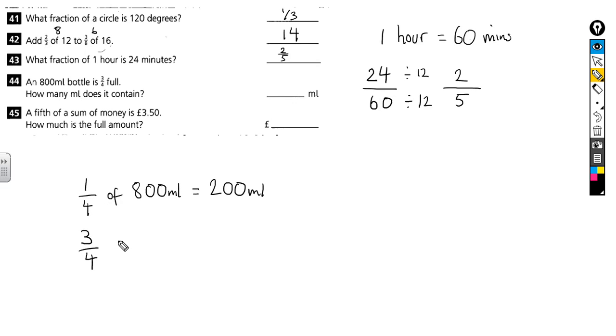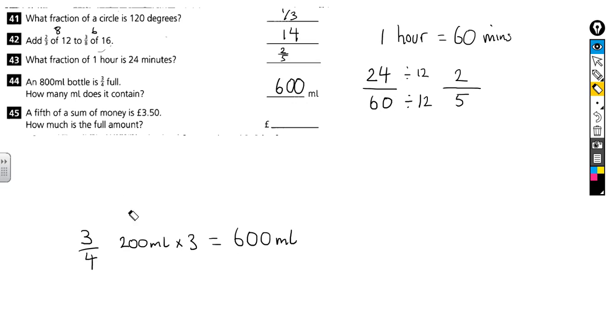So 3/4 is 200 milliliters times 3, which gives us 600 milliliters. So this answer is 600.